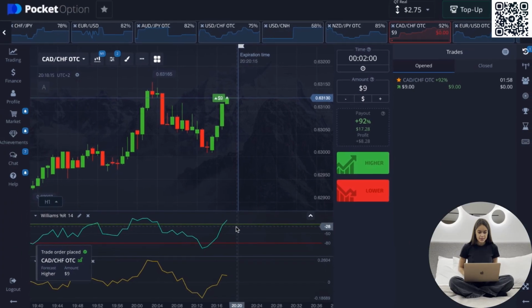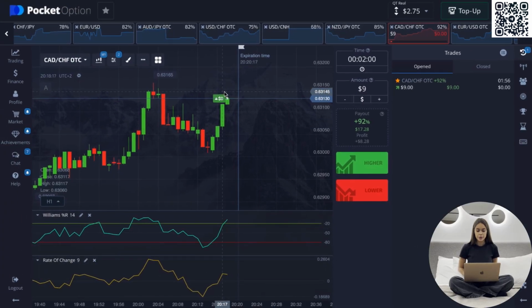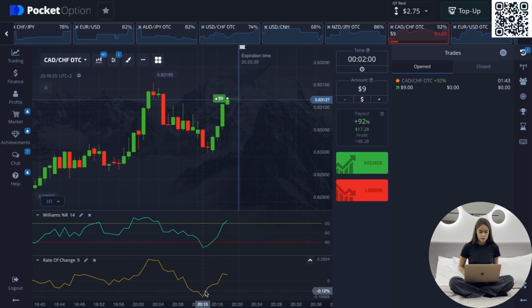So here I decided that I can open a position for an increase. Also, we were a little late entering the trade, but I think that the price will continue to go in an upward direction. So here we also saw that the price was in the oversold zone, below the -80 level.